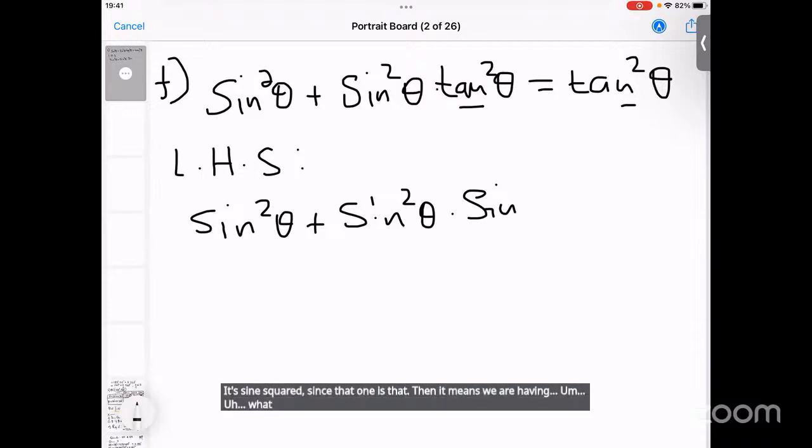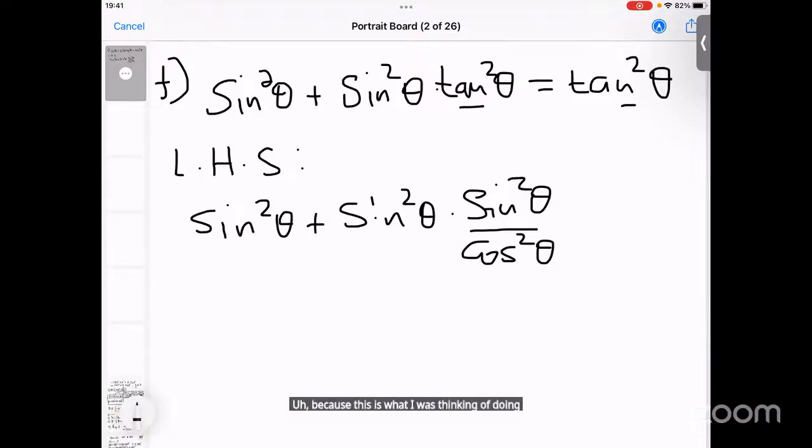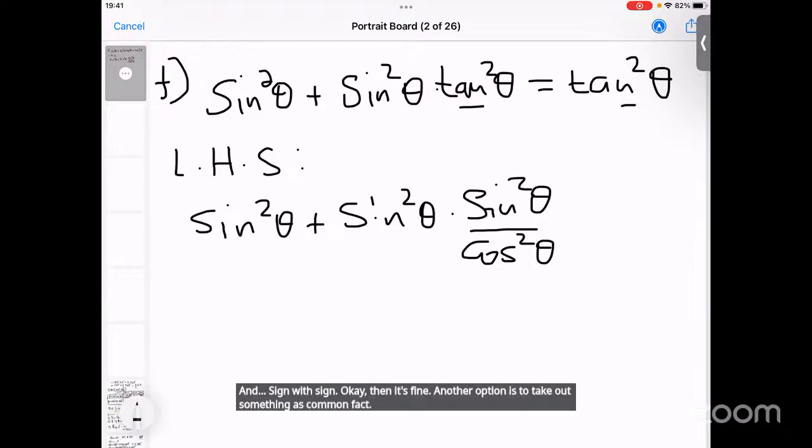what is it? Okay, it looks like it's taking me back to tan because this is what I was thinking of doing. And I realized that it's not like I'm in a situation where I will have to cancel sine with sine. Okay, then it's fine. Another option is to take out something as common factor. What can be taken out as common factor?